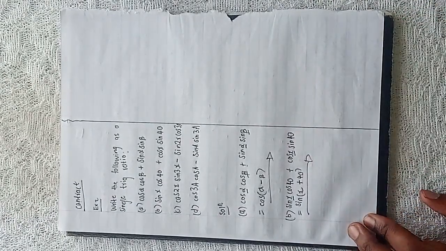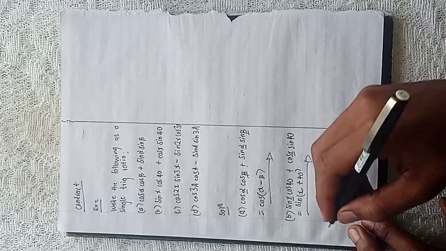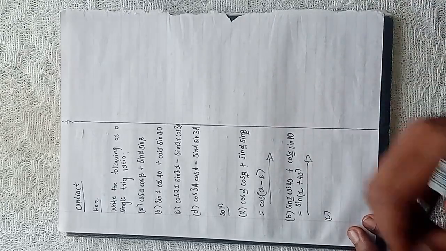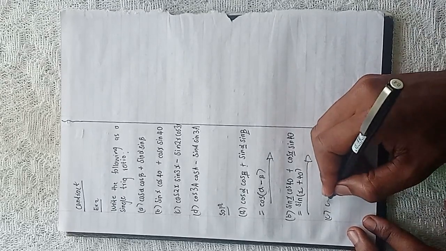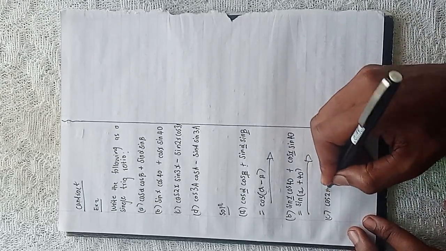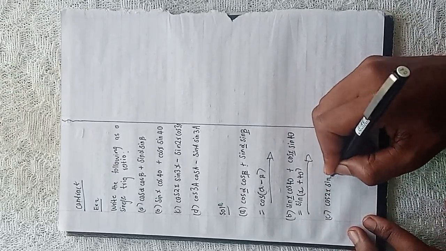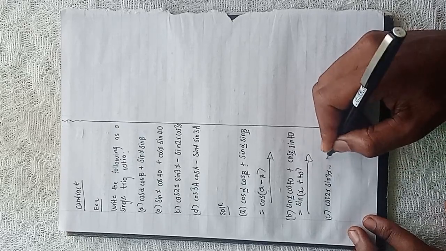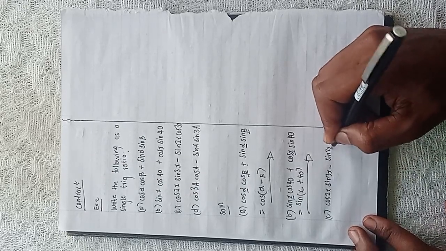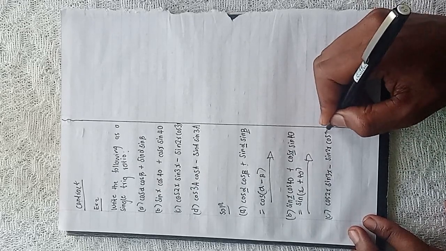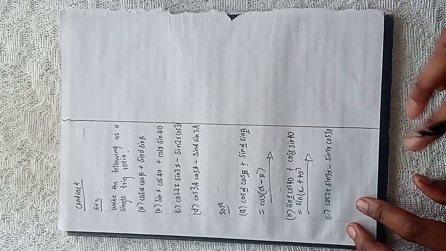Then the following one was C. Let's look at C. Cos 2x sine 3x minus sine 2x cos 3x.